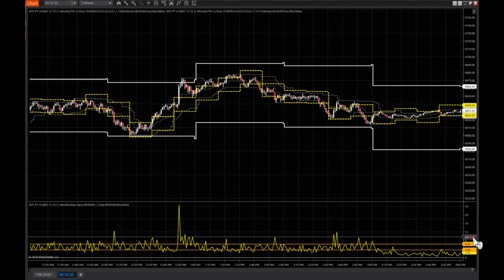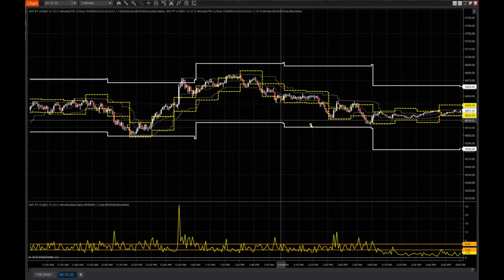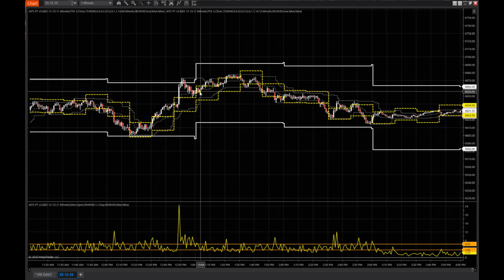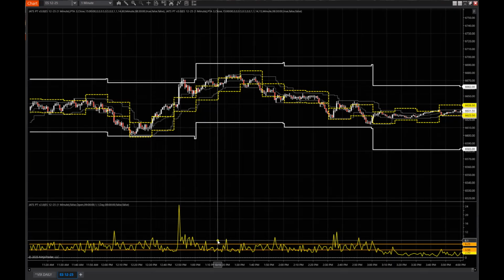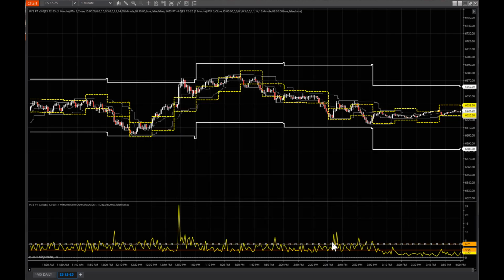So you can see that the 15-minute ones are all inside the 60-minute range. So we're trading a 60-minute range. So we could put this back to 60-minute instead of a 5-minute range.